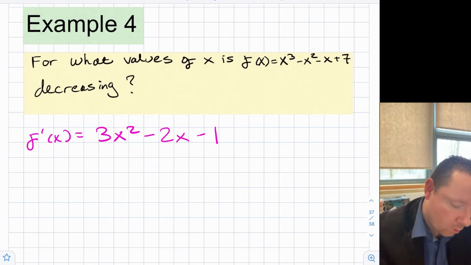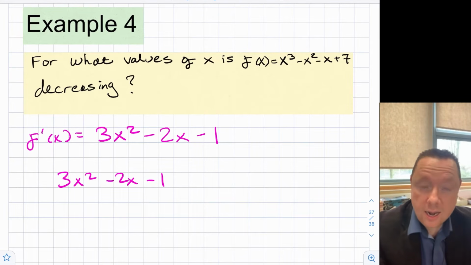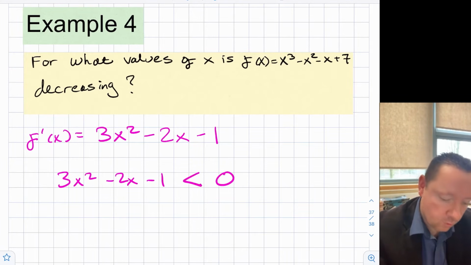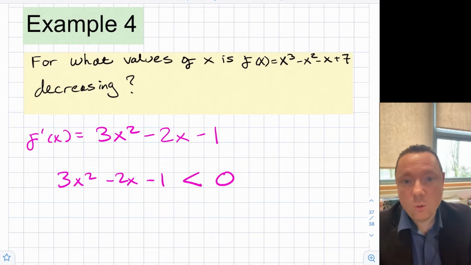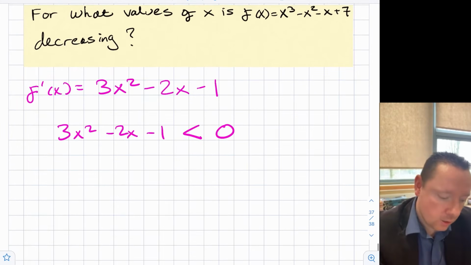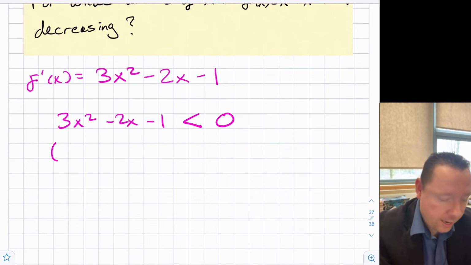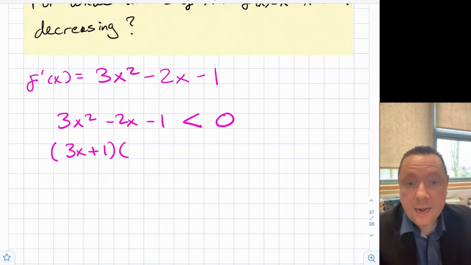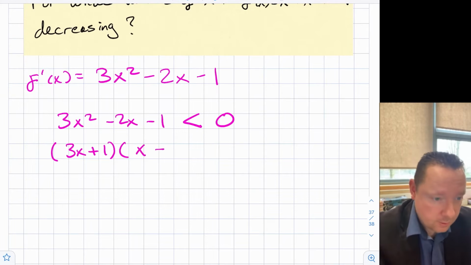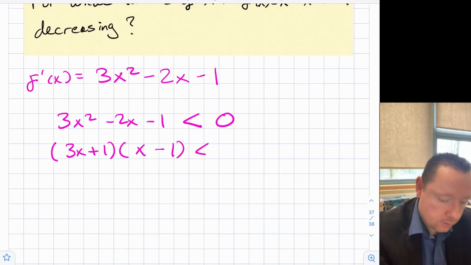So we want to know when is 3x squared minus 2x minus 1 less than 0. So we've got a quadratic inequality to solve. So let's work on that. Let's see if we can factorise it. We get 3x plus 1 and we get x minus 1.